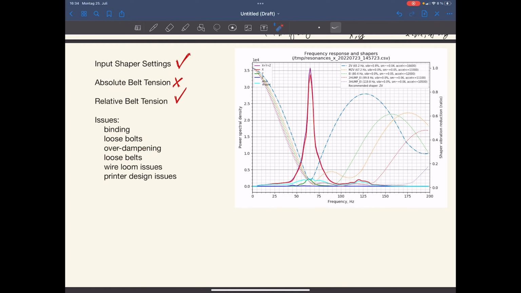Over-dampening is mostly easy to see, or it's the loose belt. Over-dampening and really loose belts look basically the same. Issues with the wire loom, like if it's shaking too much and introducing vibrations, we can see that as well. And if the printer has design issues, like if the peaks are not looking good, we can see that as well.